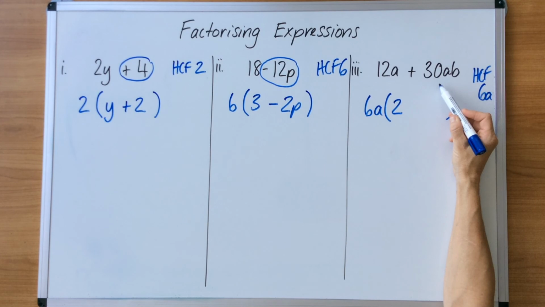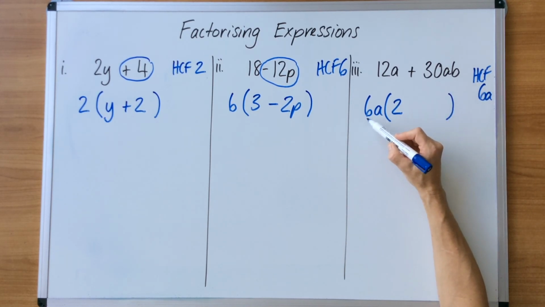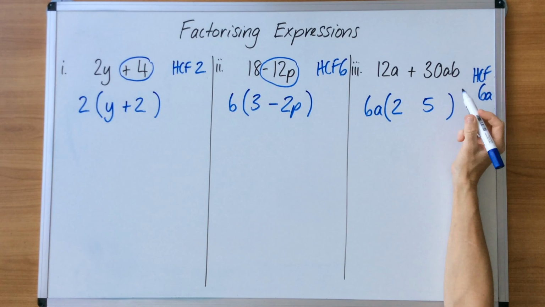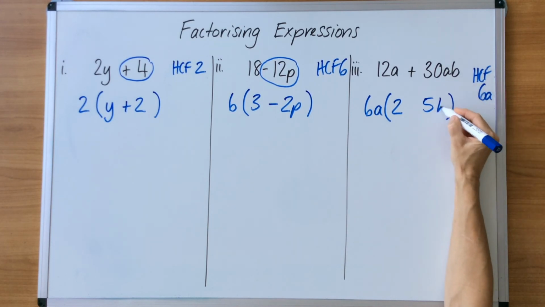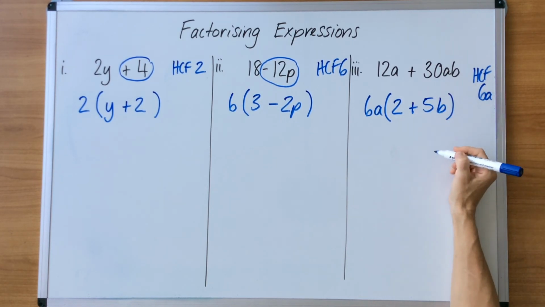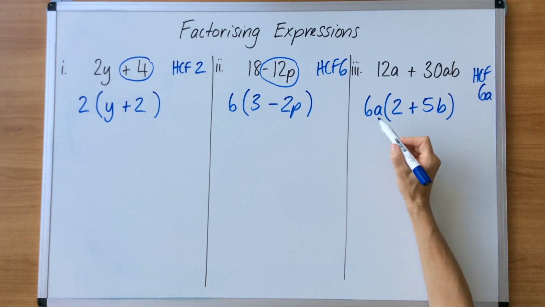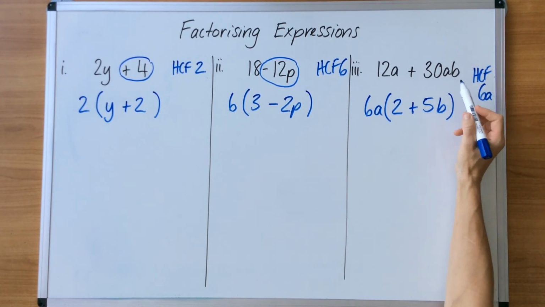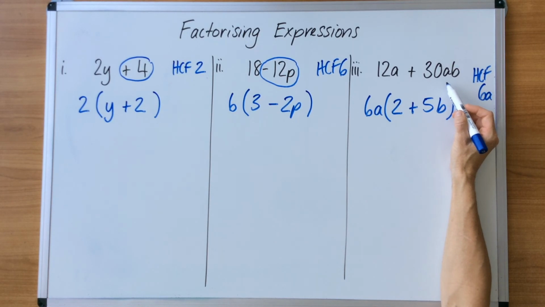I have to multiply it by 5b, because 6 times 5 is 30. Now, I have already got an a here, so I don't need to write another one, but simply the b will drop down. And because it's two positive numbers being multiplied, it is a positive answer. So 6a multiplied by positive 5b will give you an answer of 30ab.